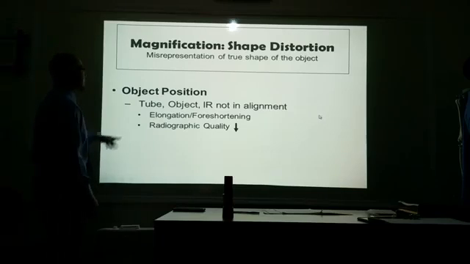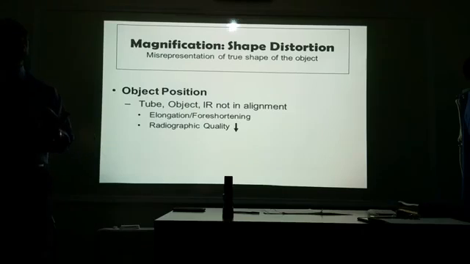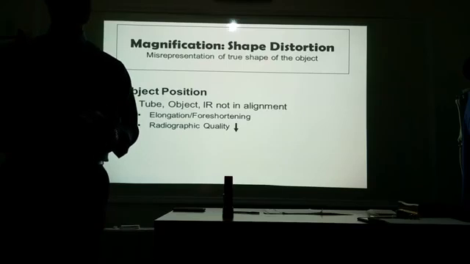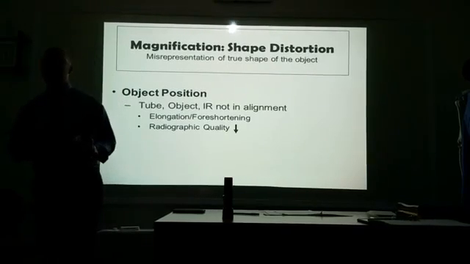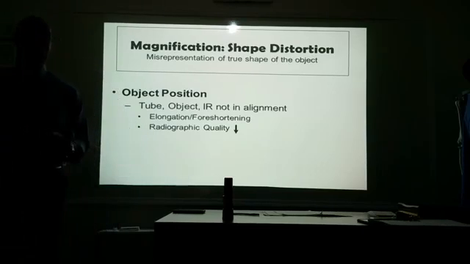Shape distortion happens when there is a misalignment or an angle in your x-ray tube. You guys following? In your x-ray tube, the image receptor or the body part. You will get shape distortion with angulation of your x-ray tube, your image receptor, or the body part.